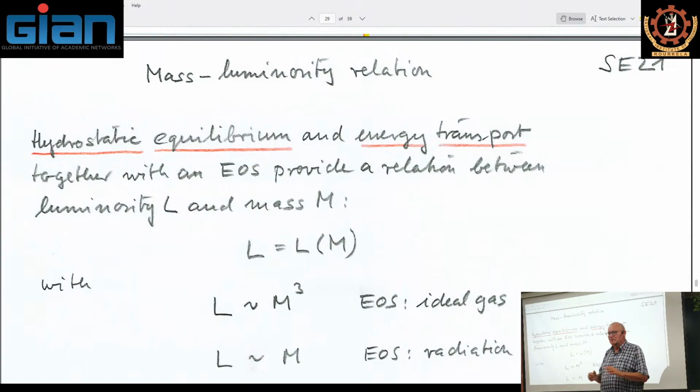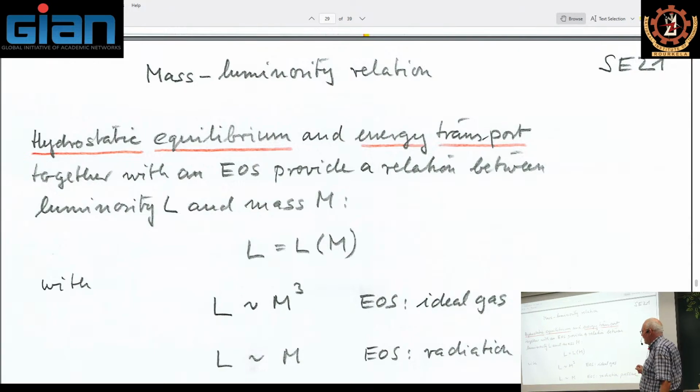If you take radiation pressure, where pressure is proportional to temperature to the fourth, you will end up with another relation, namely a linear relation between luminosity and mass.